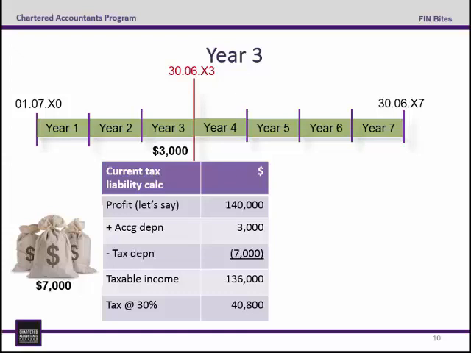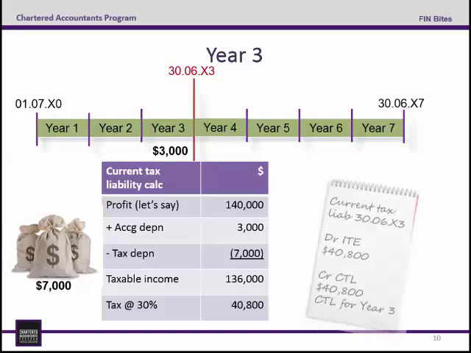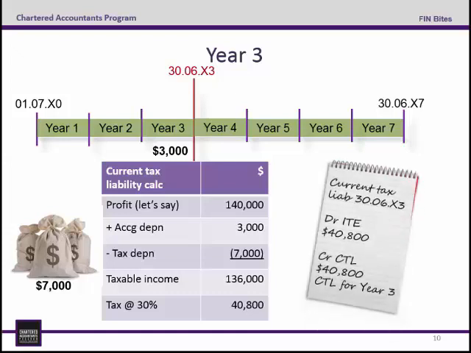Using the tax rate, I've got a current tax liability of $40,800. And there's my journal entry: debit income tax expense, credit current tax liability $40,800, and remember, it's important to show a narration. So that's the current tax liability for year three.